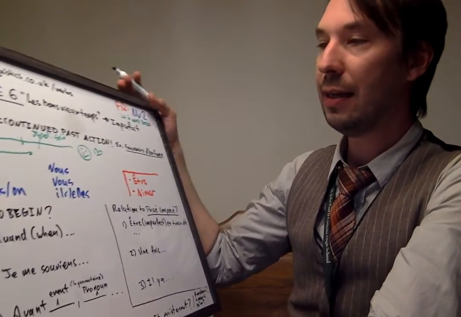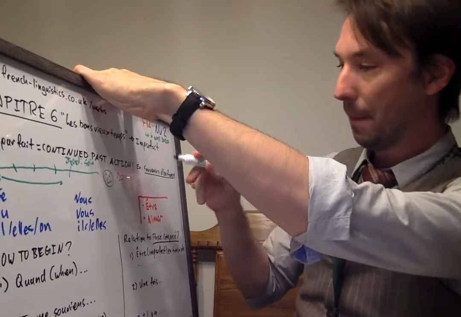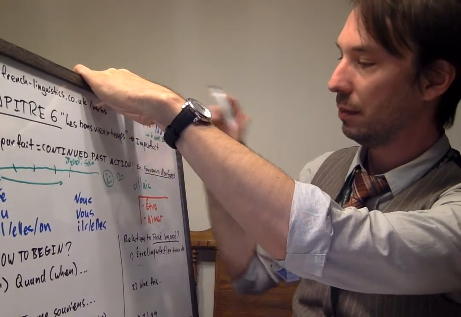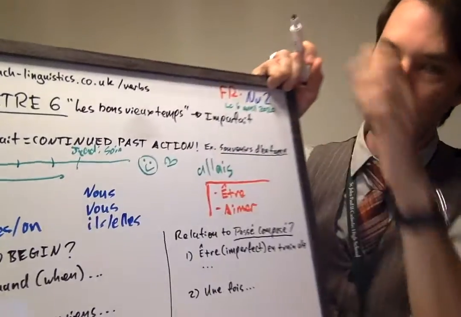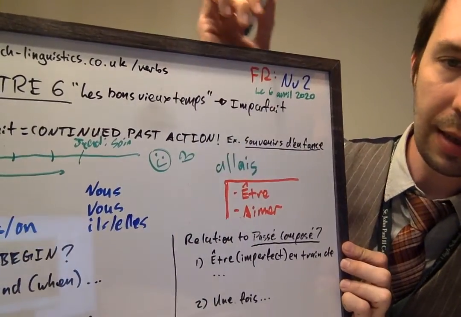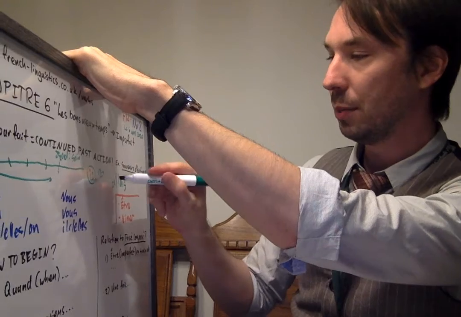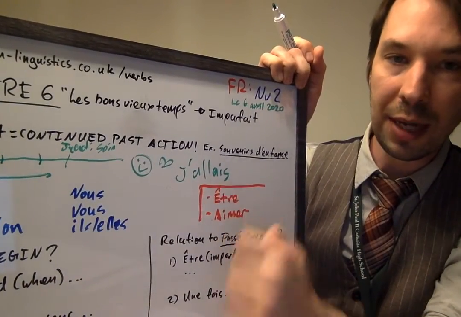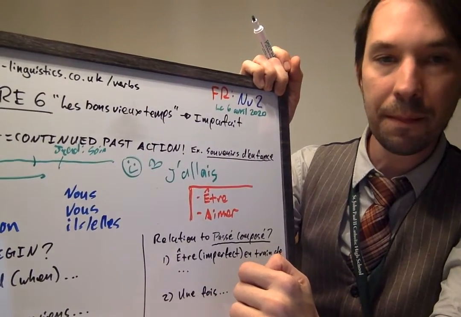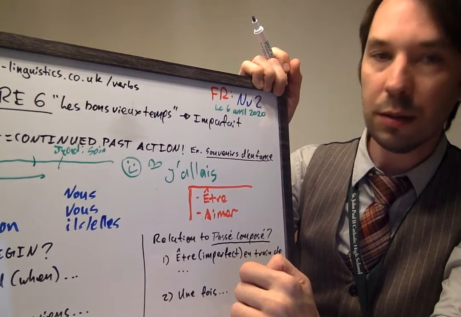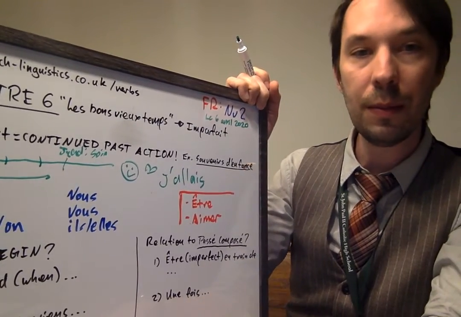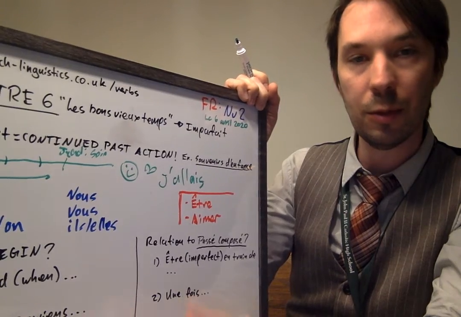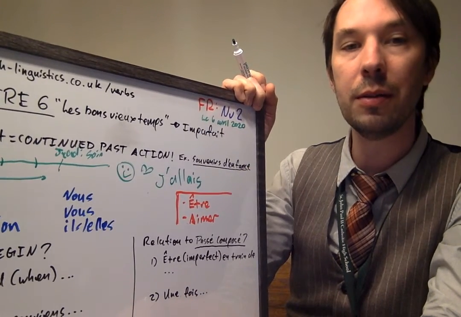The infinitive is aller, but I'm conjugating it in the imparfait here, aller, and with my pronoun, j'allais. Alors, normalement, jeudi soir, j'allais au gym. Normally, Thursday evenings, I would go to the gym.